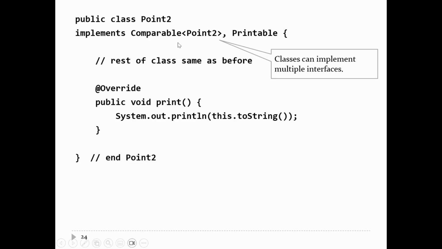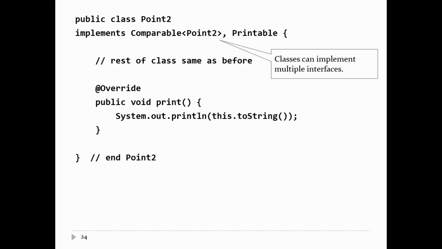Our Point2 class previously implemented Comparable, and we're now implementing a second interface called Printable. When a class implements more than one interface, you simply separate the interface names with a comma. In Java, a class can implement as many interfaces as you like. There is no built-in upper limit. Our Point2 class is now going to implement two interfaces.